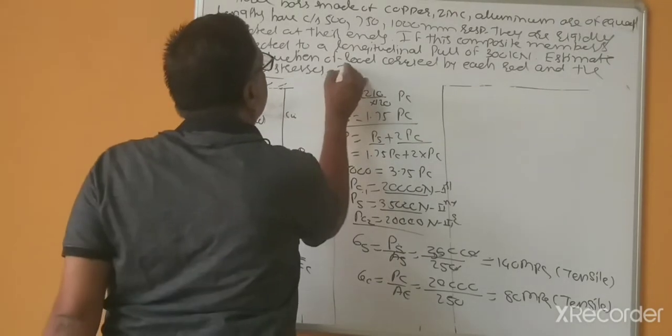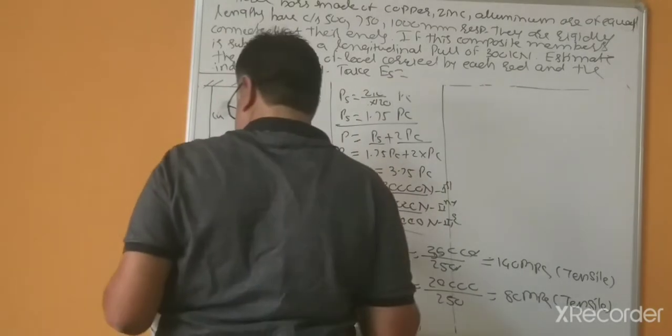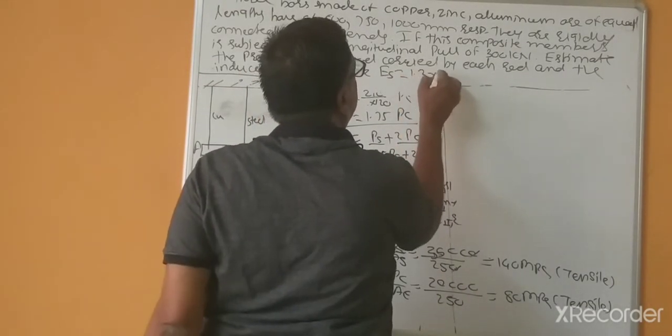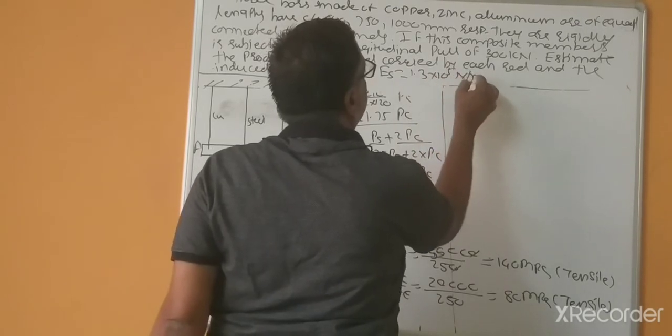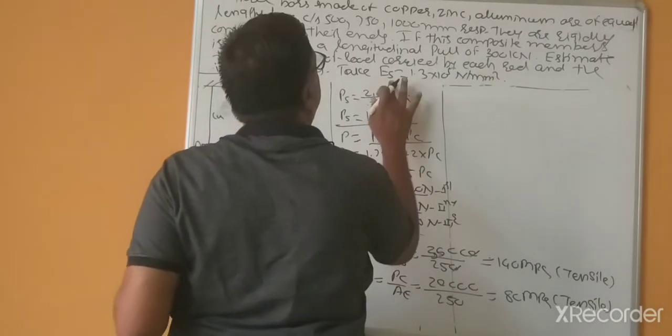Take ES 1.3 into 10 to the power 5 Newton per mm squared. This is copper.